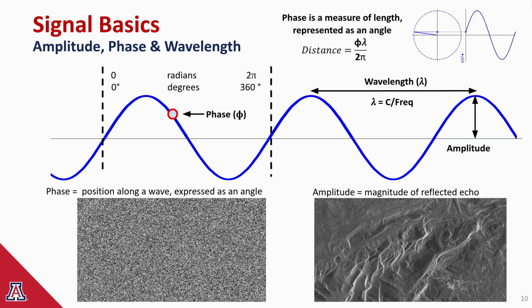So how is phase used? Envisage a SAR emitting a pulse which travels as a wave down to the Earth and is reflected back to the satellite. These waves are only a few centimeters long, so there are many millions of them along the round trip to the Earth and back.